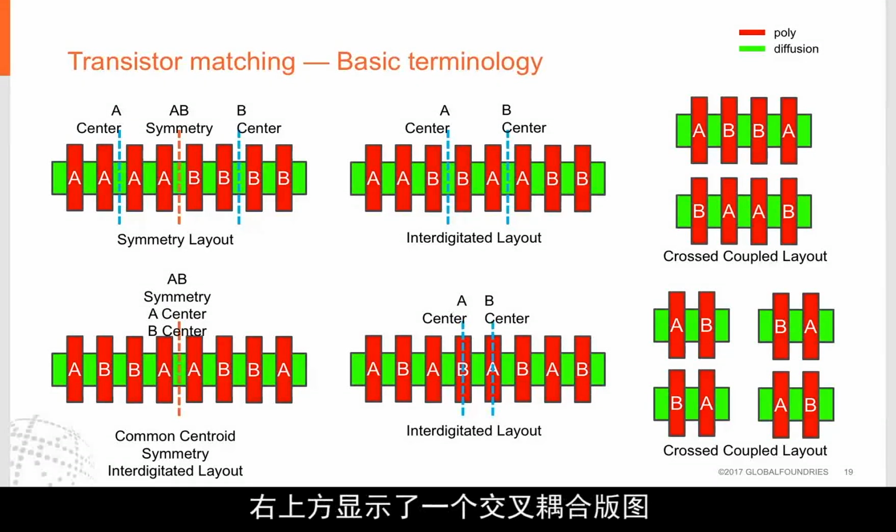The top right shows a cross-coupled layout. Bottom left shows your common centroid with interdigitated layout. The bottom center is interdigitated layout going ABAB. And the bottom right is an example of your cross-coupled layout.